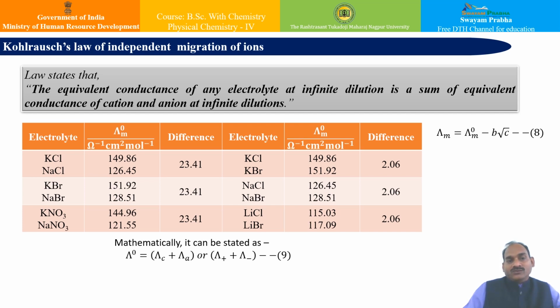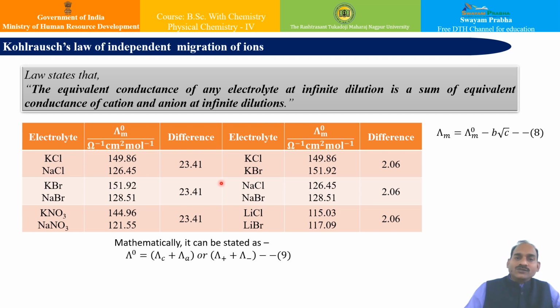Okay, for now, in order to understand what Kohlrausch law of independent migration of ions is, let us say I consider a strong electrolyte. For a strong electrolyte, the value of molar conductance in a very dilute solution, now how much dilute?